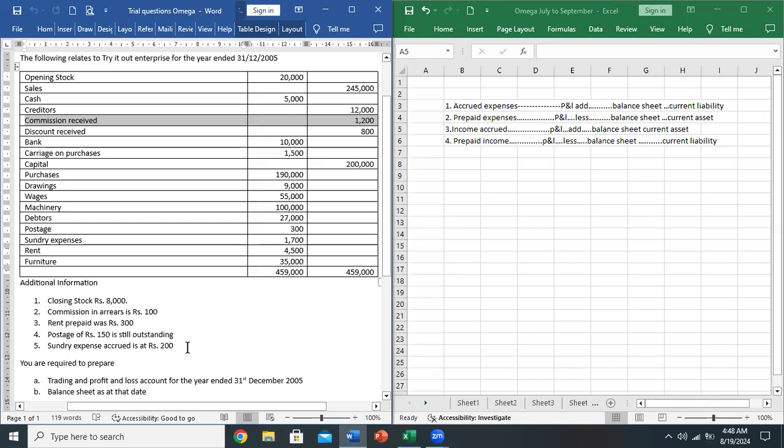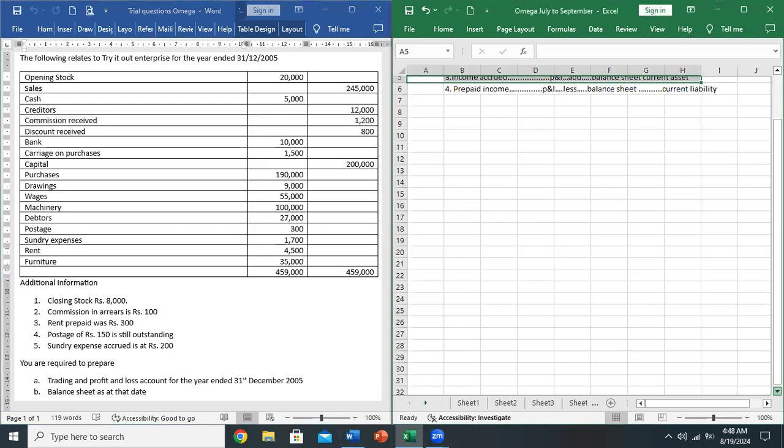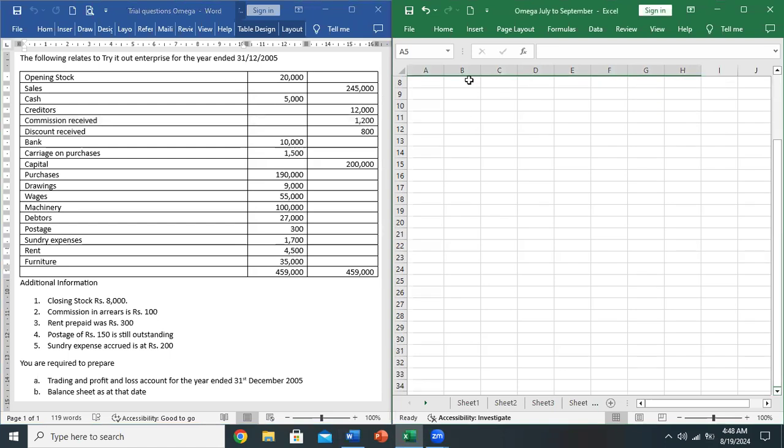Welcome back, Prof. Alex. So when you are given the additional information, you should be able to identify these items, so that you can be able to tell whether you add or less, and in the balance sheet, whether you show it as a current asset or a current liability. So let's begin the question after digesting the additional information.